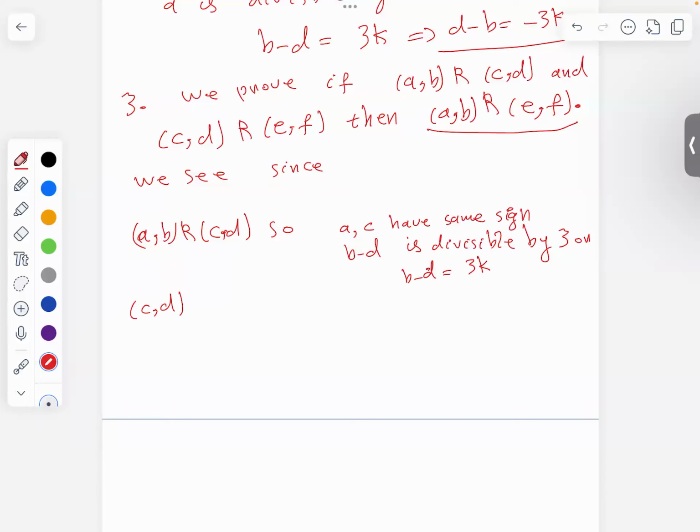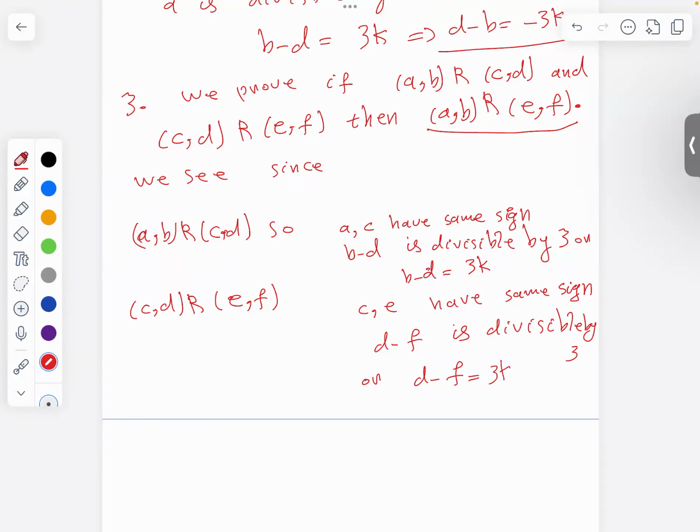(C, D) having relation with (E, F) means C and E have the same sign, and D minus F is divisible by 3, or D minus F is equal to 3K prime.